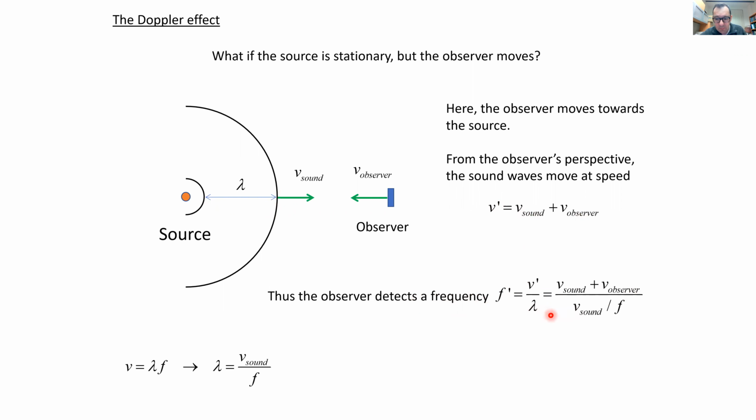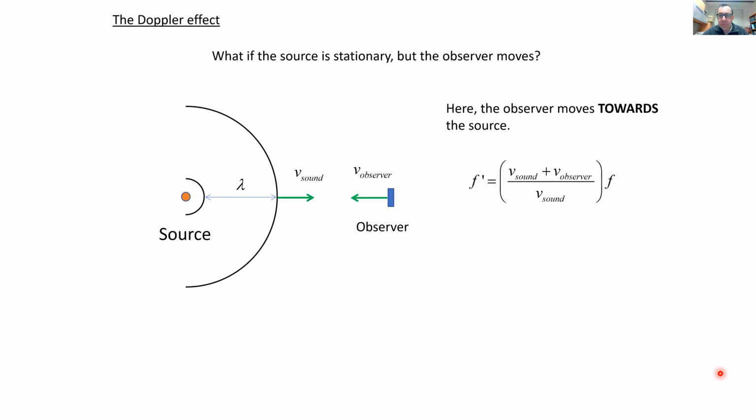And for lambda, I'm going to plug in this equation down here, right? v sound divided by f. And then I can just, f in the denominator of the denominator is in the numerator. And so this becomes this. Okay. So this is my result for when the observer moves towards the source.